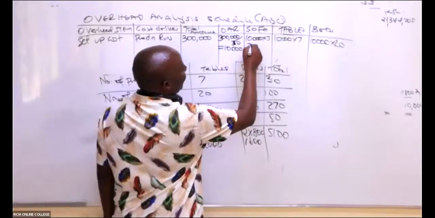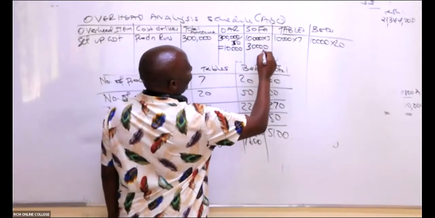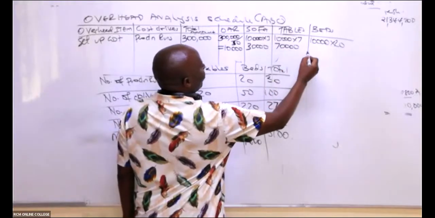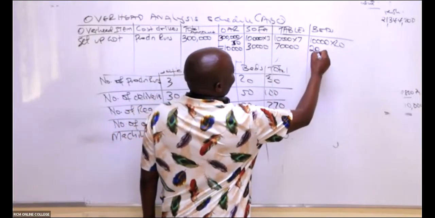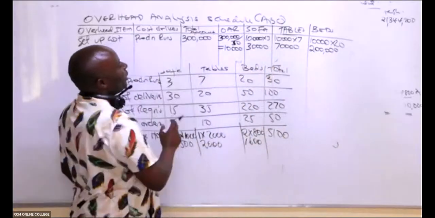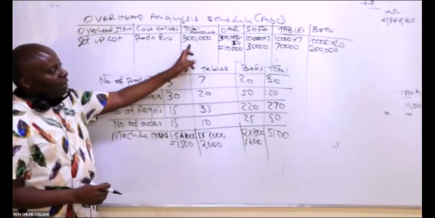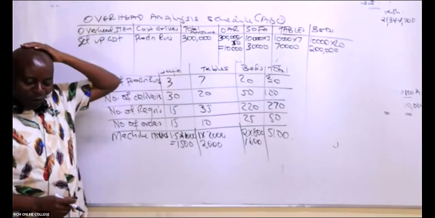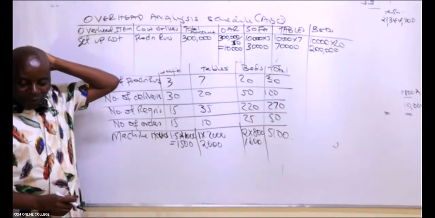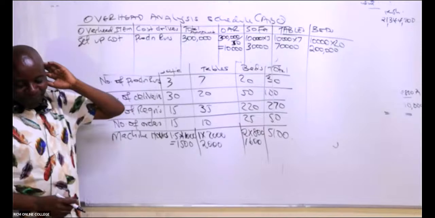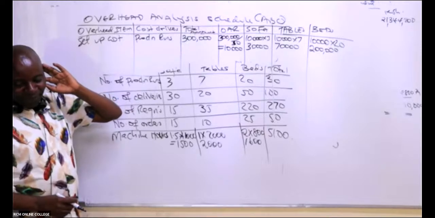So this will be 30,000, this will be 70,000, and this will be 200,000. If you add the three, they must give you a total of 300,000. So is that okay?